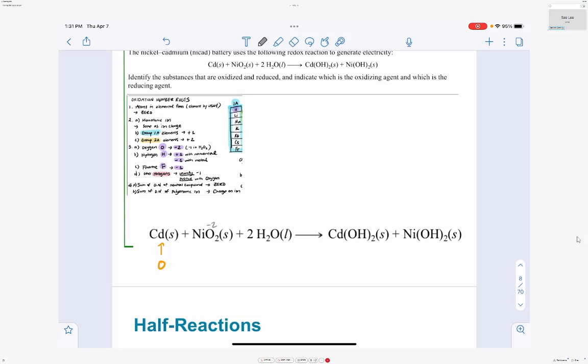Since each oxygen atom has oxidation number of -2, 2 oxygen atoms have oxidation number of -4. So in order for the total sum of the oxidation numbers to be 0, nickel's oxidation number has to be +4.